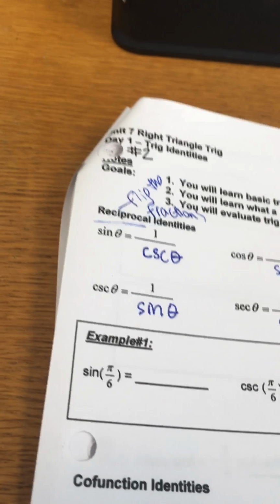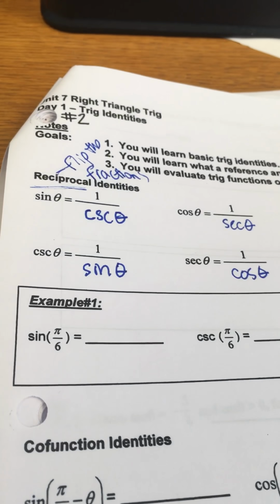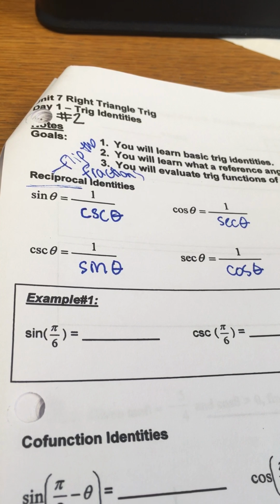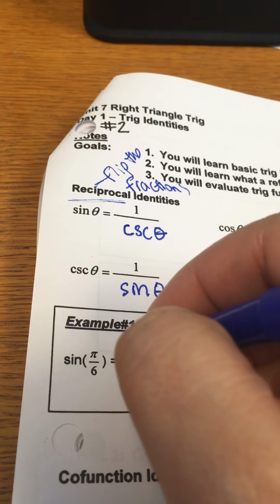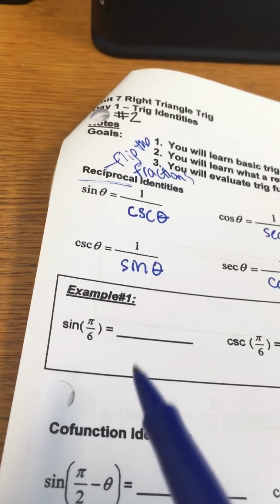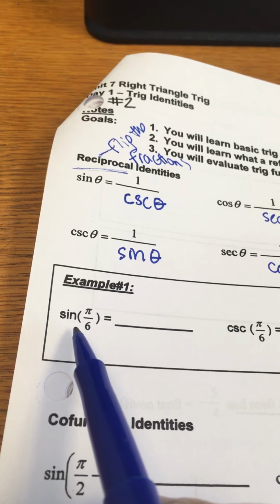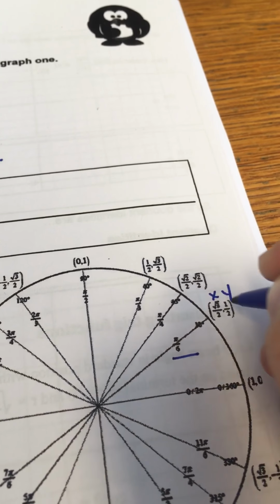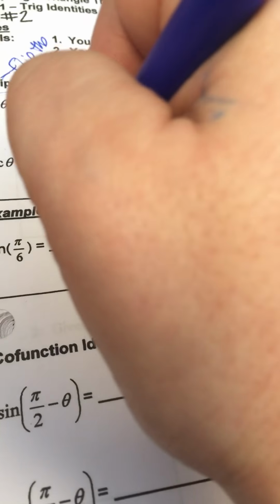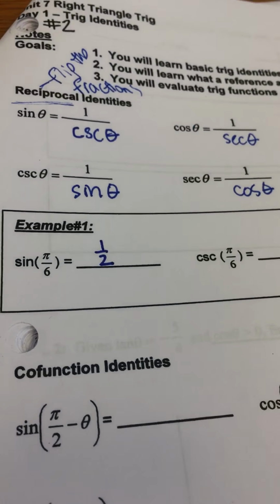All right, so example 1. Sine of pi over 6. Pi over 6 is right here. Sine is the y value, so sine of pi over 6 is equal to 1/2.